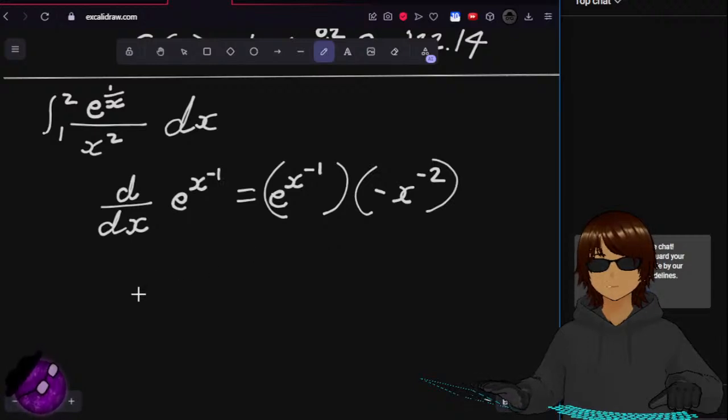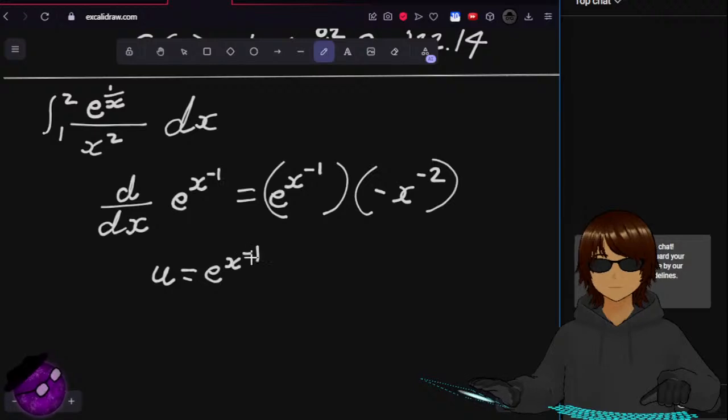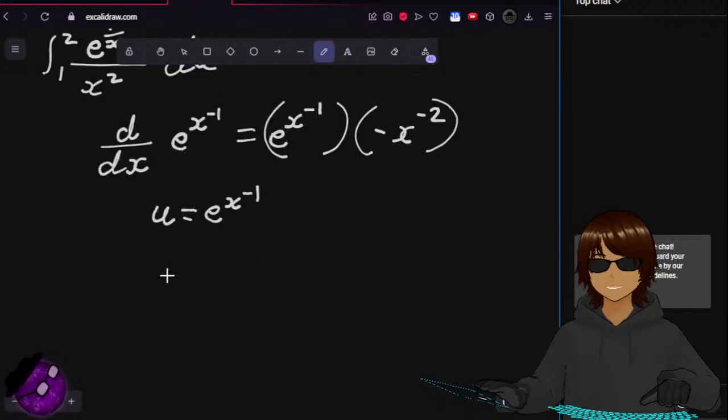So if I put minus the other side, let's say u is equal to e to the power of x minus 1.